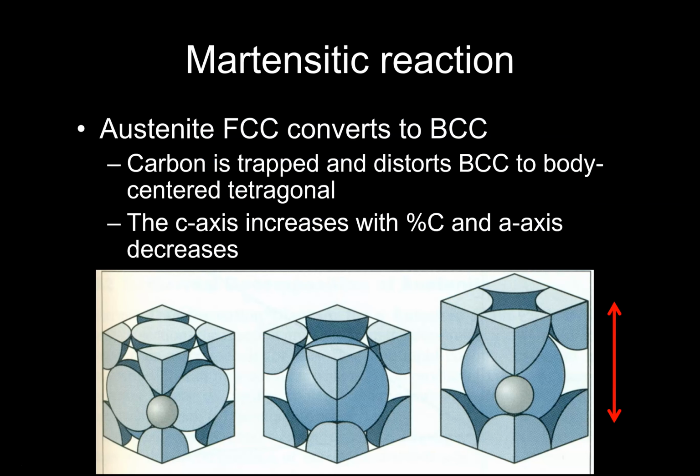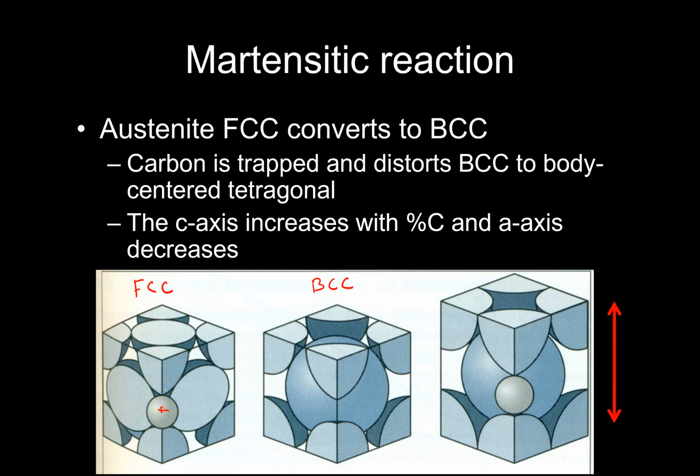So the martensitic transformation, remember, is what happens when you are quenching a face-centered cubic unit cell. If you go very slowly, it will tend to form a body-centered cubic unit cell by diffusion of the carbon atom right here.